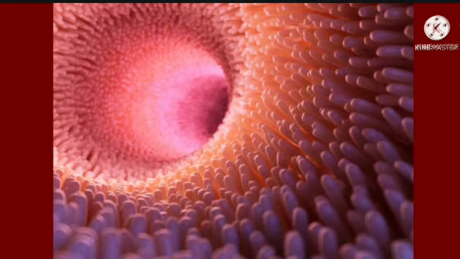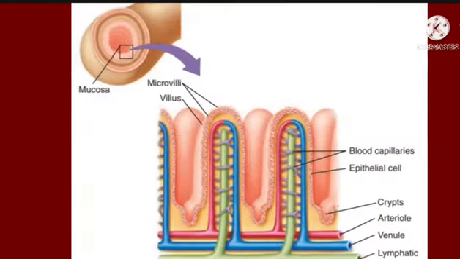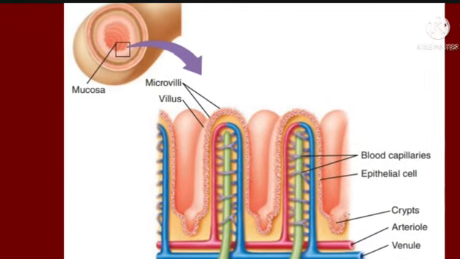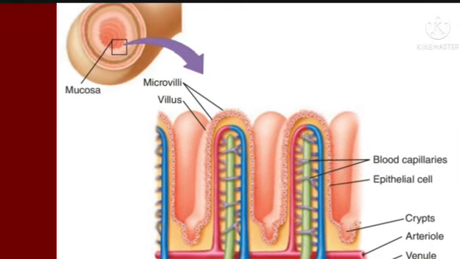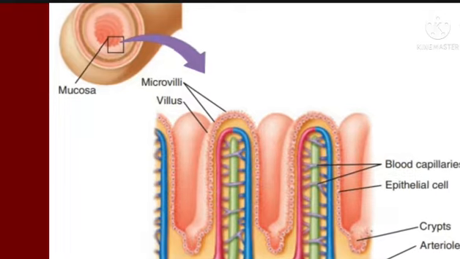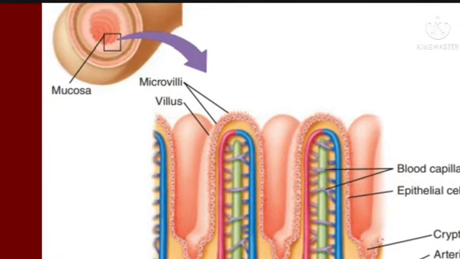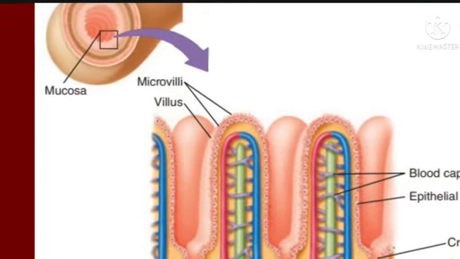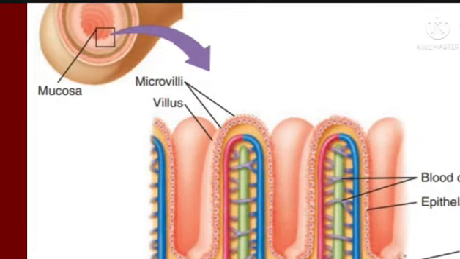The ileal mucosa has numerous vascular projections called villi, which are involved in the process of absorption, and the cells lining the villi produce numerous microscopic projections called microvilli.